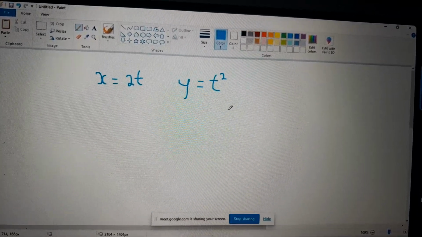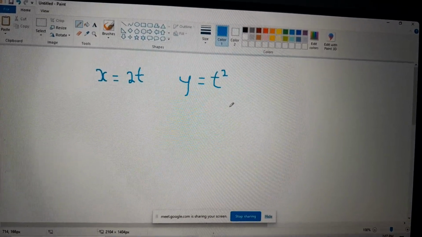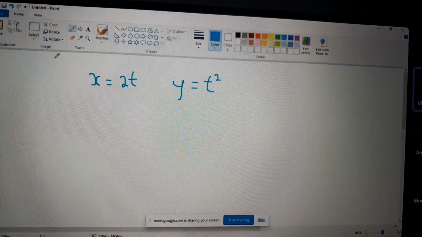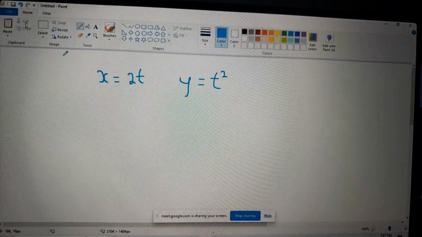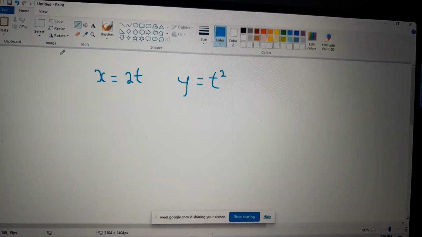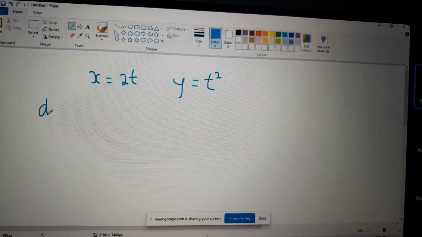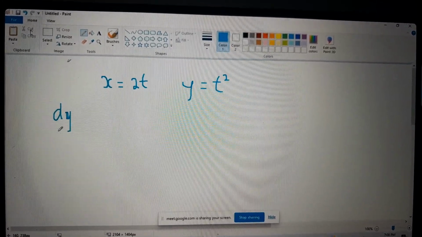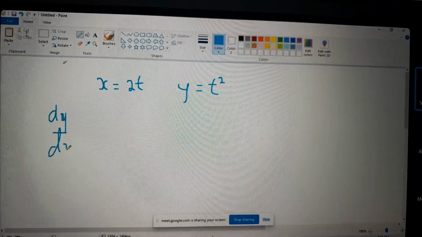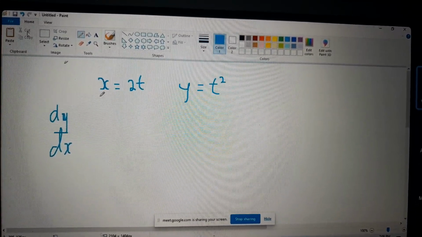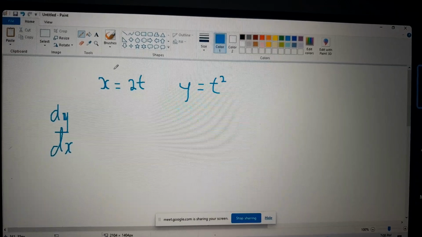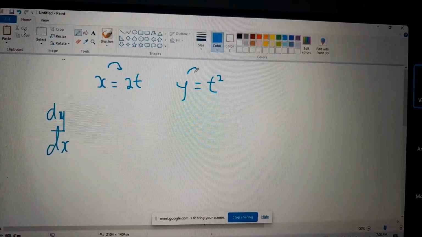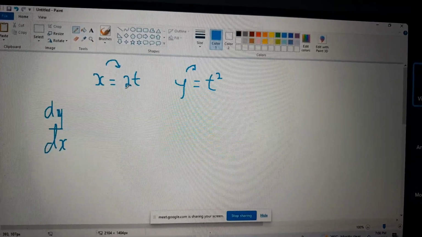Whenever you see x and y separate and there is a common variable, that's basically what a parametric equation looks like. If we are asked to find dy/dx, we need to find the derivative of x and the derivative of y separately.